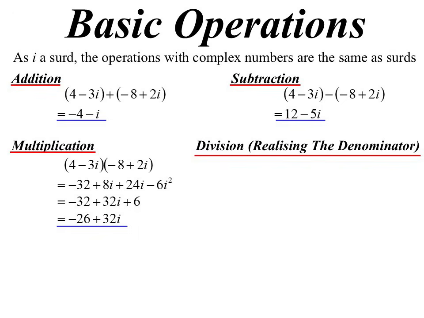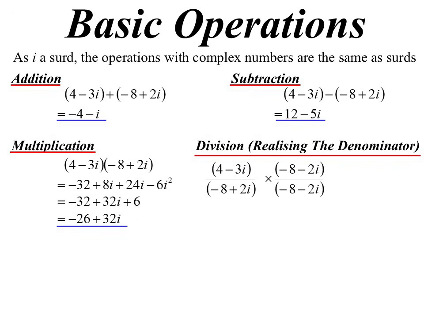Division, also known as realising the denominator. So with surds, we rationalise the denominator. We turn the denominator into a rational number. With complex numbers, we want to realise the denominator. We want to turn the denominator into a real number. But the idea is still the same.